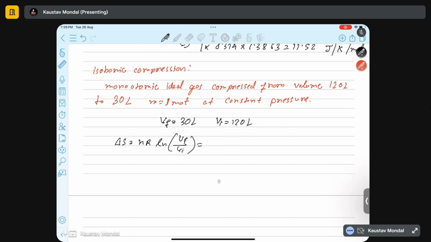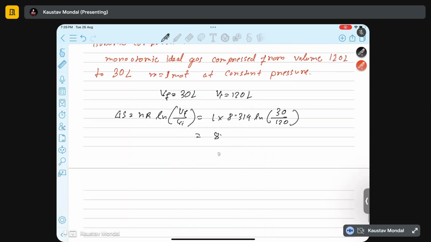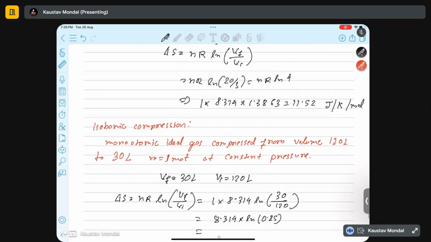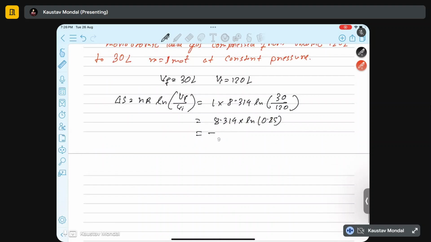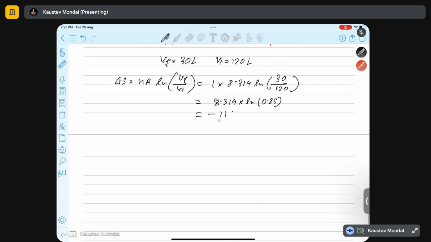So NR is 1 into 8.314 ln of VF by VI, 30 by 120, so 8.314 into ln of 0.25. This gives you, so whatever you got in the first case, you will be getting the negative of that result. That would be minus 11.52 joule per Kelvin.